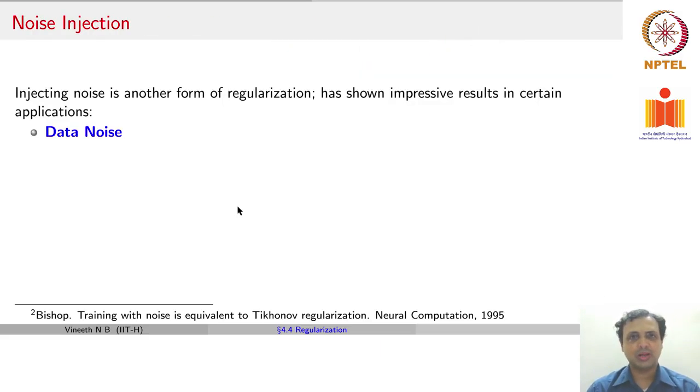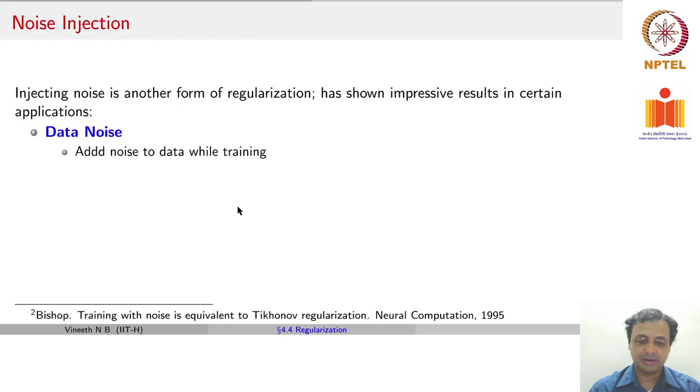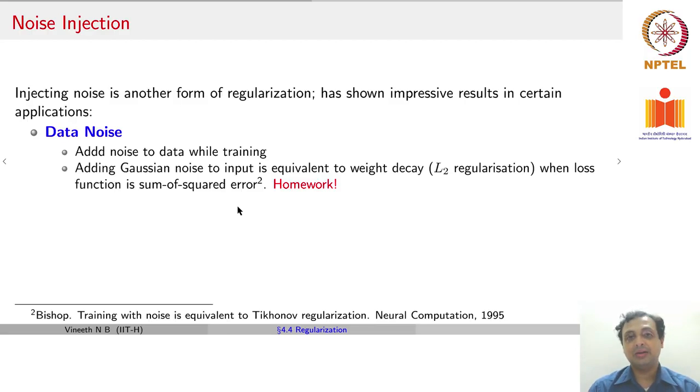Another approach, as we said, for regularization is injection of noise. This noise can be injected at a data level, can also be injected at a label level or a gradient level, as we will see. In data noise, you add noise to the data while training, and you can mathematically show that adding Gaussian noise to the input is equivalent to doing L2 weight decay when the loss function is sum of squared error.